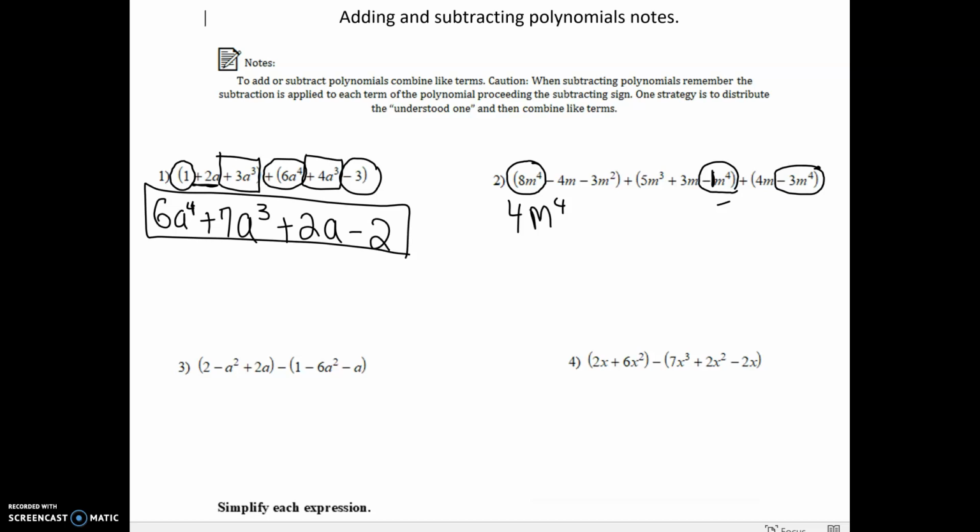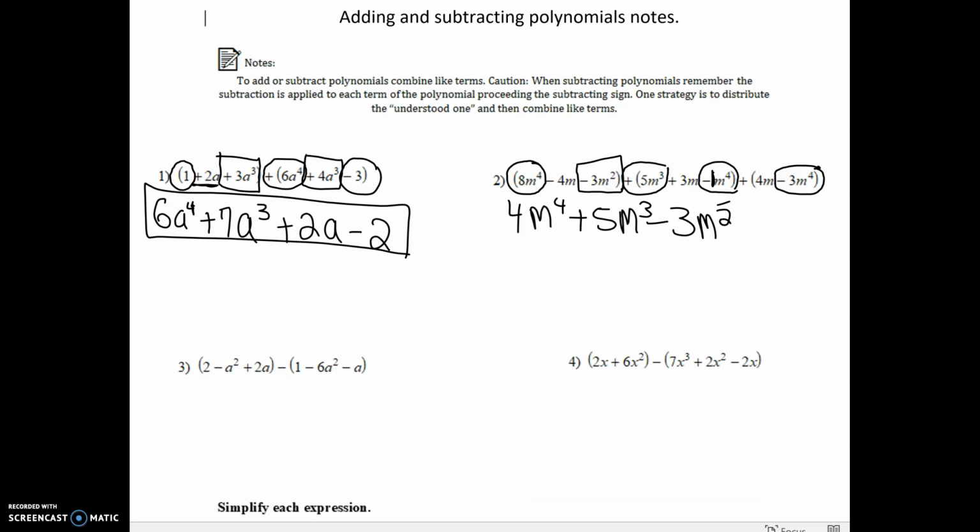Next, the highest degree would be to the third power. That's positive, so that's going to be plus 5m to the third. What would be next? That would be to the second power. Don't forget the sign in front of it. So that's going to become negative 3m squared.